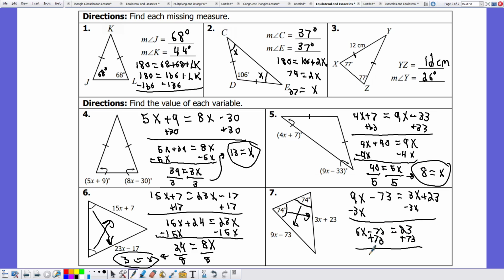We have that 6x is equal to 96. So, therefore, we have that x is equal to 16.